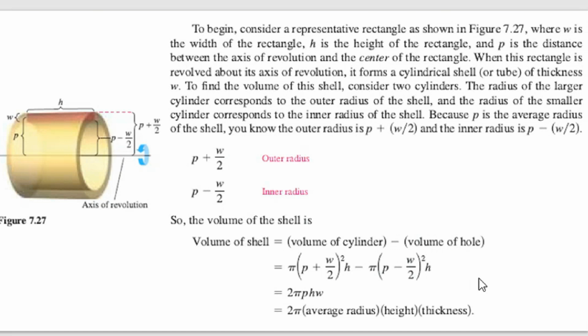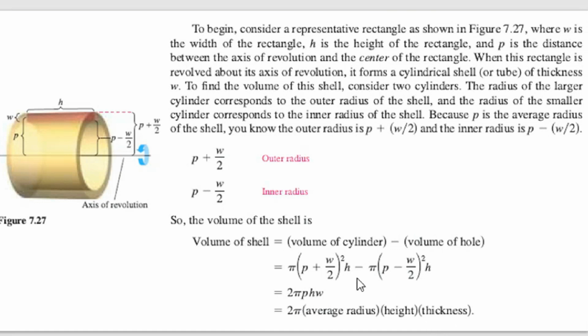Simplifying, the volume of the shell is equal to 2 pi PHW, or 2 pi times the average radius. The average radius refers to the variable P, H is for the height, and W is for the thickness.